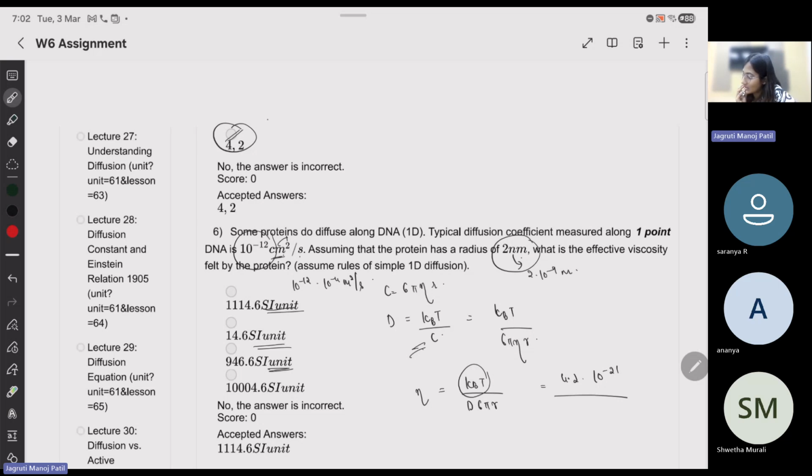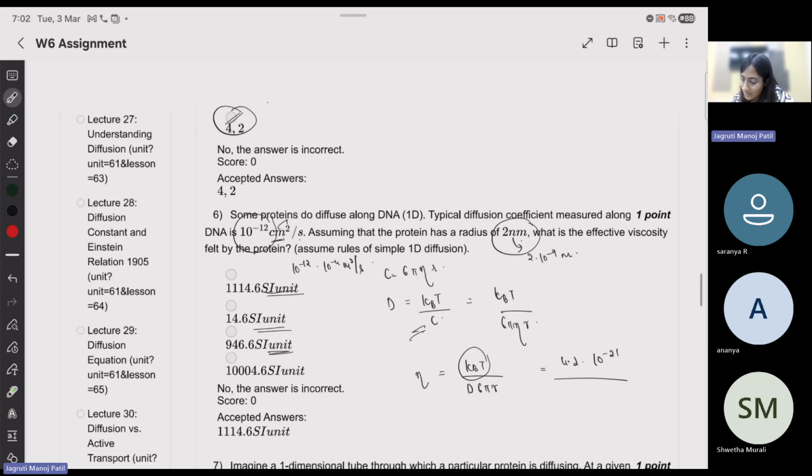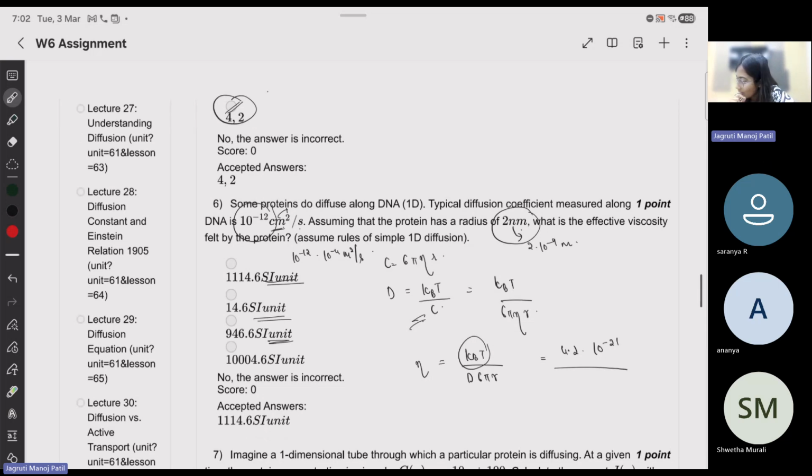That's it, right? We don't need anything else. And pi you can take as 3.14, or 22 by 7. Adding all that, what answer do you get? Insert into calculators.